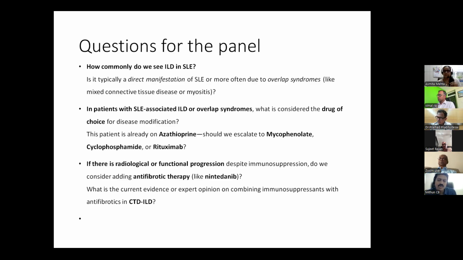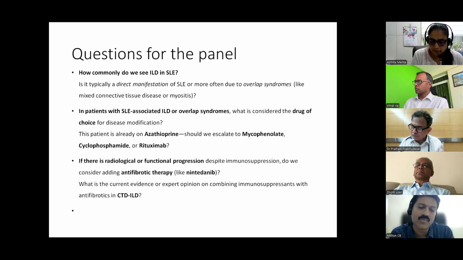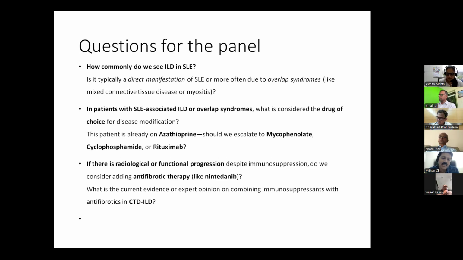And the rituximab issue is that most of the trials actually fail in SLE, but still we are using it as add-on therapy, like mycophenolate plus rituximab, not as monotherapy in lupus nephritis. Therefore, when you are giving rituximab in SLE patients, usually we combine it with mycophenolate mofetil.